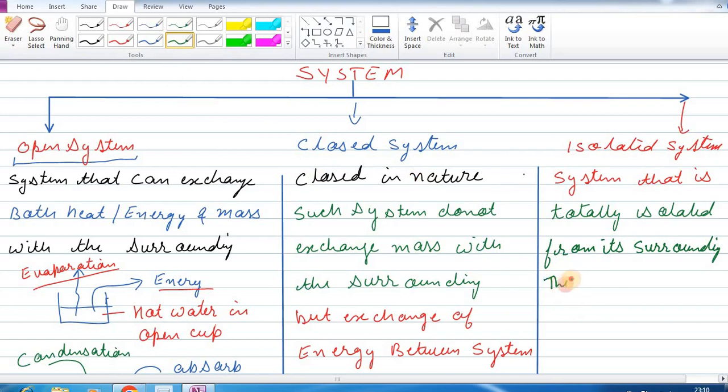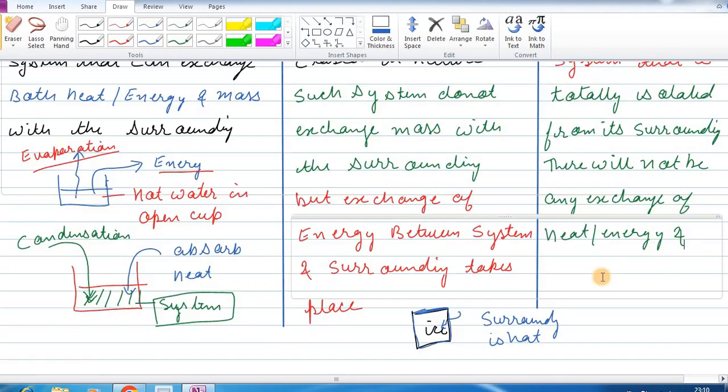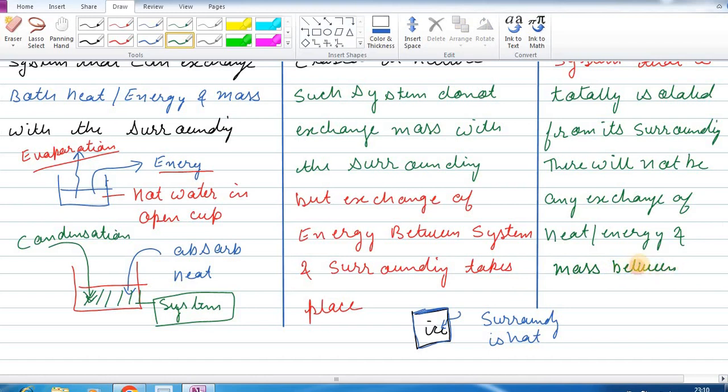So there will not be any exchange of heat or energy and mass between system and surrounding.